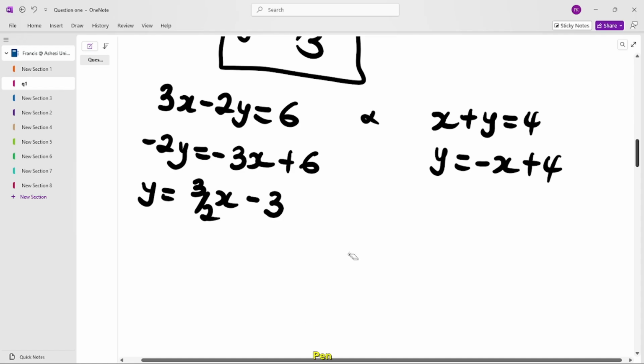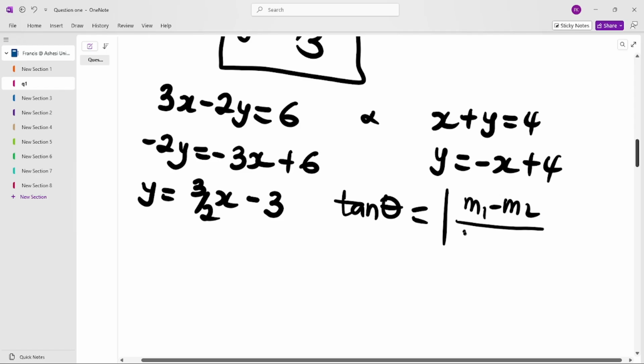So again, I'll use the general formula. Tan theta equals the absolute value of m1 minus m2 all over 1 plus m1 m2. So that will give us tan theta equal to... I need to find my m1.